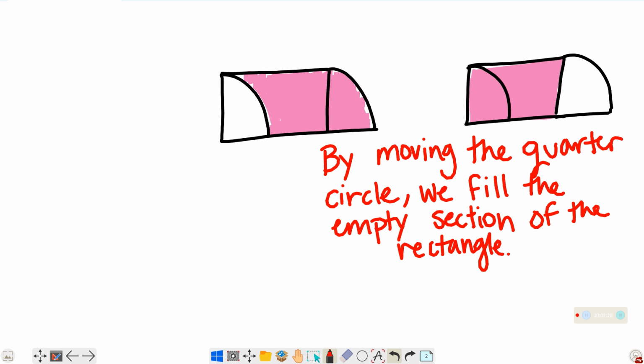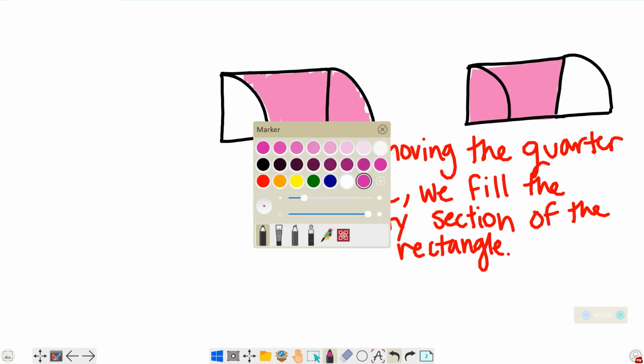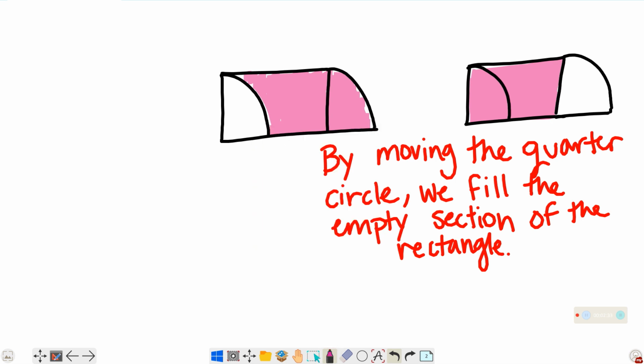And one way that we can show that the areas are the same is over here we have a 4 by 6. And in the other, we have a rectangle, which is also a 4 by 6.